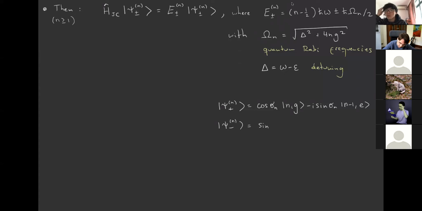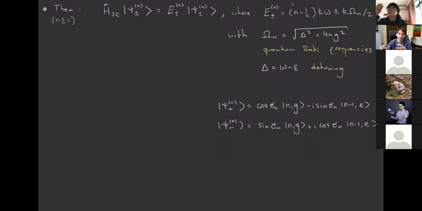But then the mixing angle, so you see that there is a single parameter, a single angle that determines the ratio of ground state and excited state of the atom that you get.